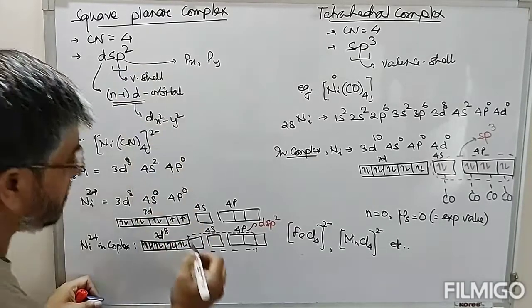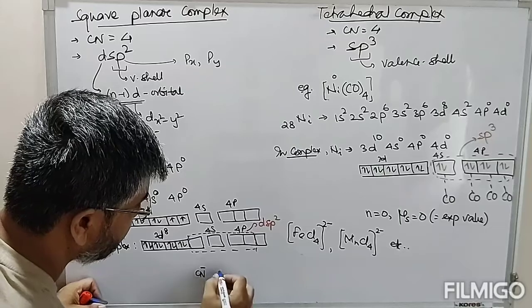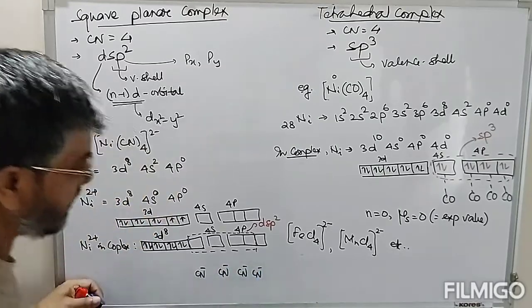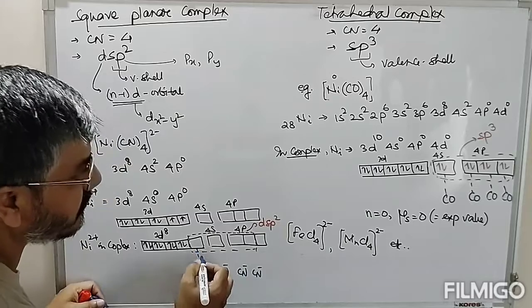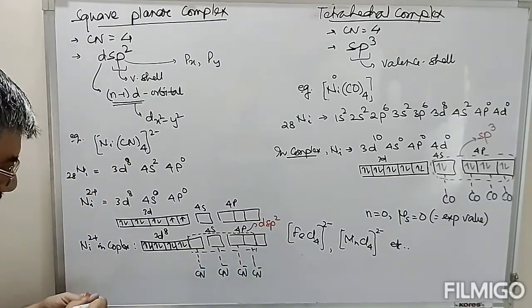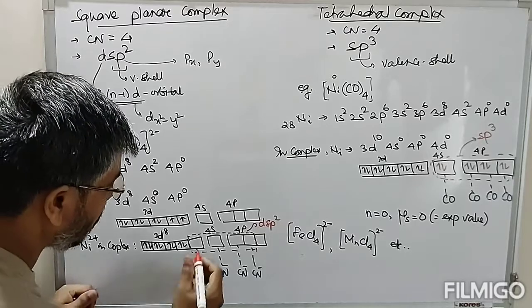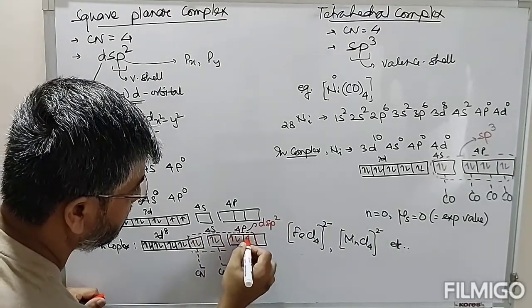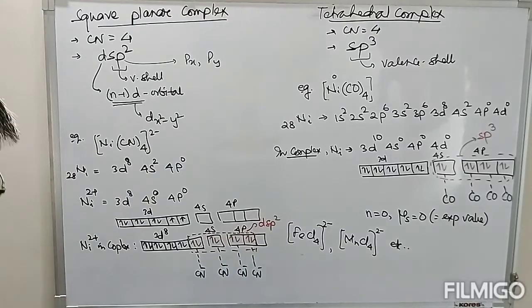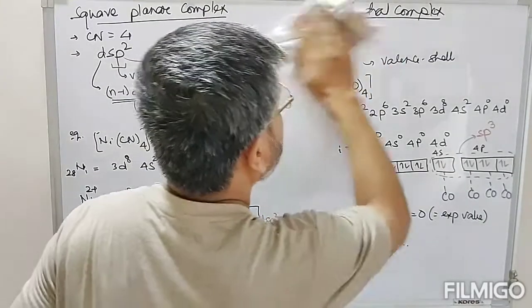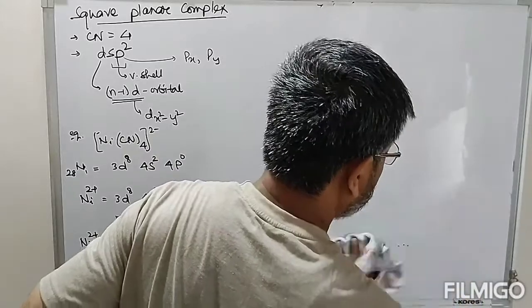These combine with cyanide ions CN minus, CN minus, CN minus and CN minus, and each ligand transfers a pair of electrons to the vacant hybrid orbital, and this gives you the complex. So this is the formation of the complex in nickel under this square planar.